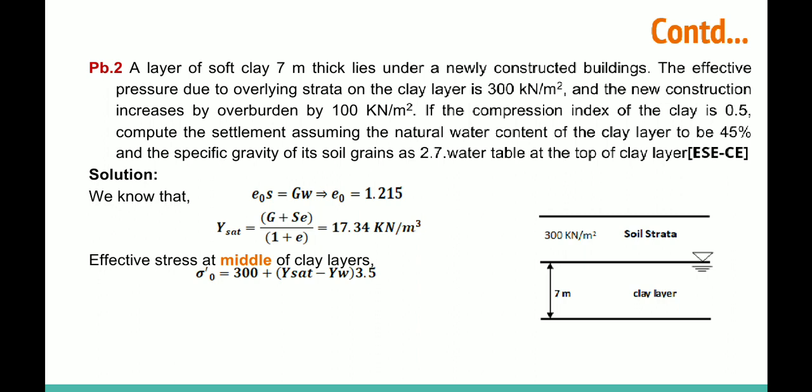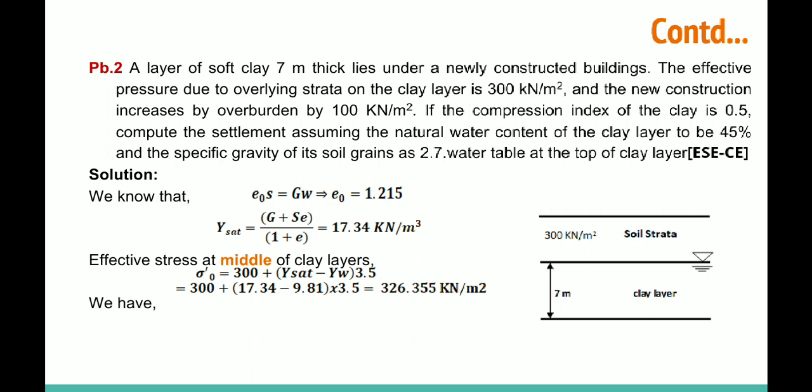In the question gamma w is not mentioned, so we take gamma w as 9.81. We take the height of the clay layer as 3.5, not 7. By putting these values, the initial effective stress at the middle of the clay layer is 326.355 kN per meter square.